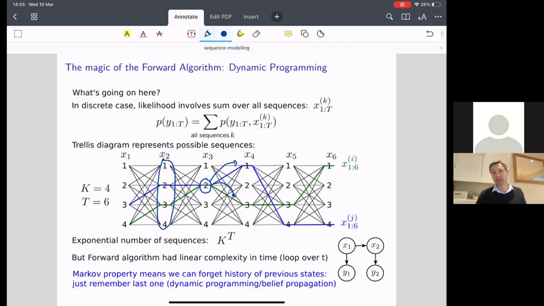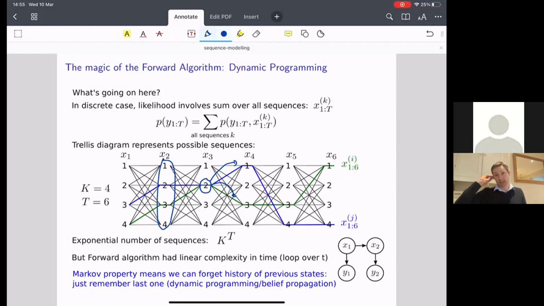And by doing that, we end up being able to compute this sum, which naively involves an exponential number of terms, in a way that involves linear computation in the length of the time series.